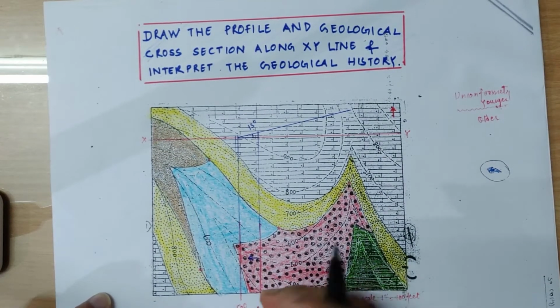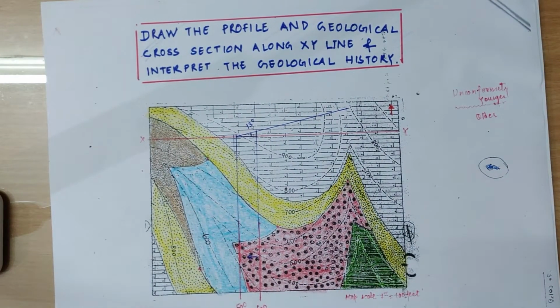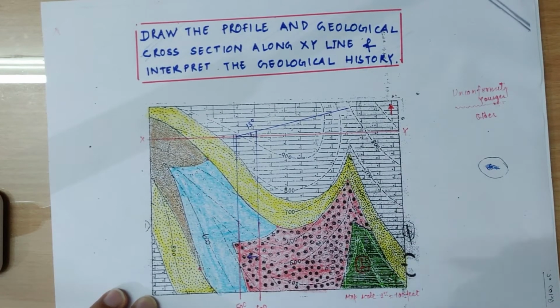So younger beds occur in the direction of dip. So opposite to the dip will be the oldest bed. So let's mark the beds which are younger and which are older. Opposite to the dip direction we will get the oldest bed and we will mark that with symbol 1. So this is our oldest bed.